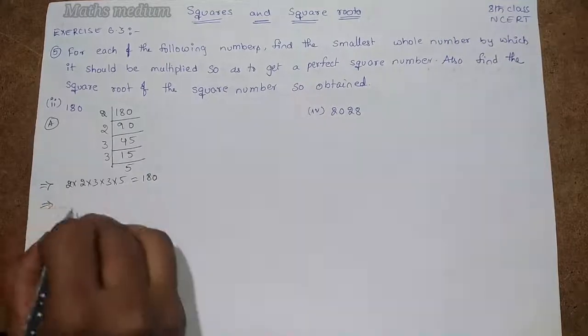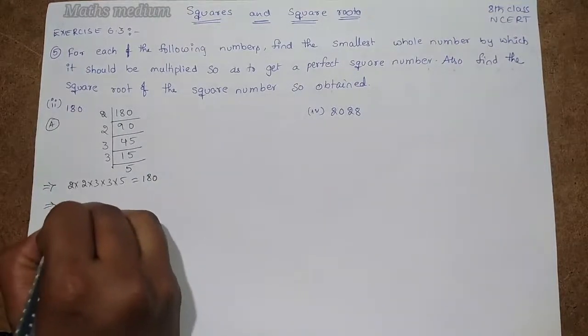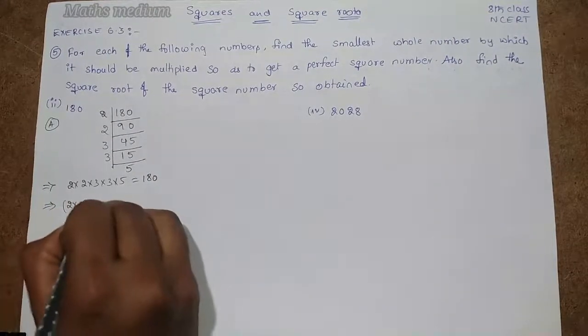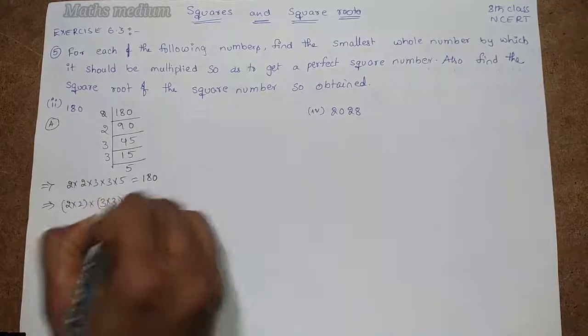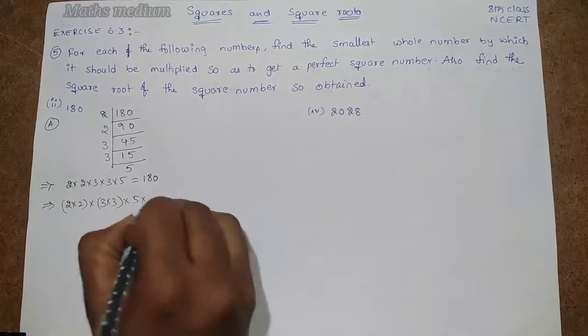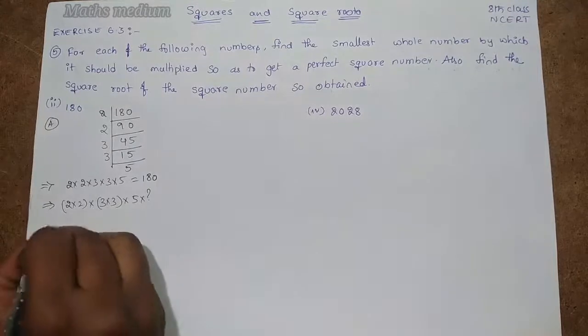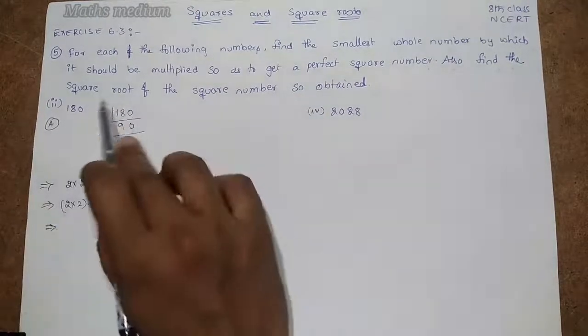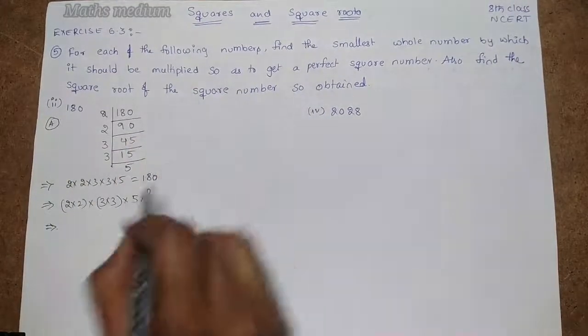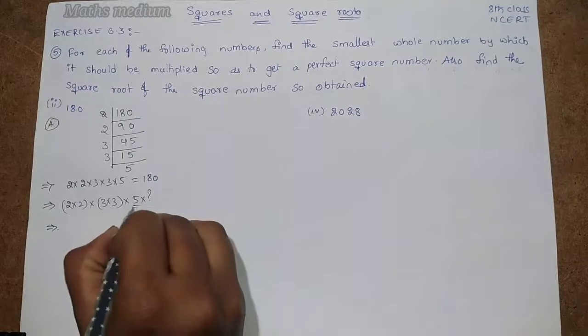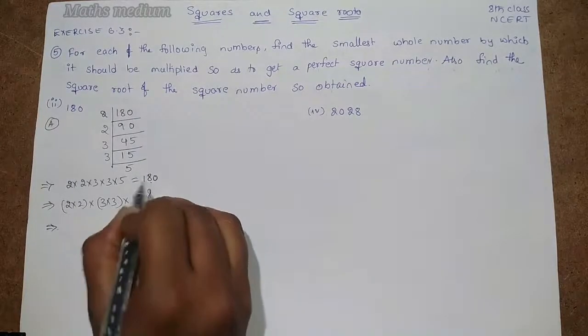Now pair up: 2 into 2 as one pair, 3 into 3 as another pair, but 5 does not have any pair. So it should be multiplied by 5.